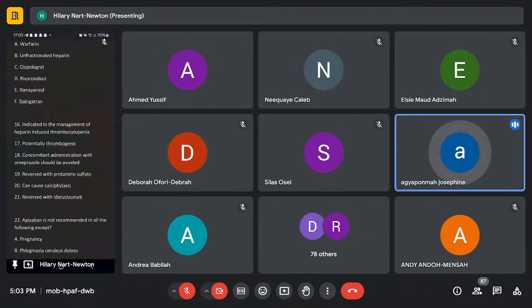Because of the enzyme cytochrome 2C19, yes. Omeprazole will reduce the metabolism of clopidogrel through that enzyme, by inhibiting that enzyme.